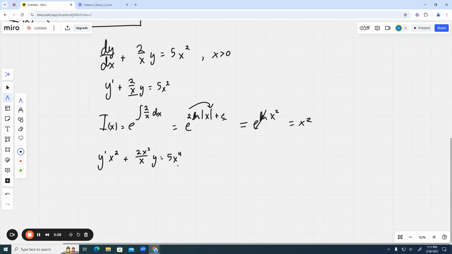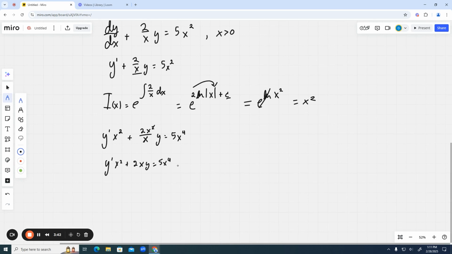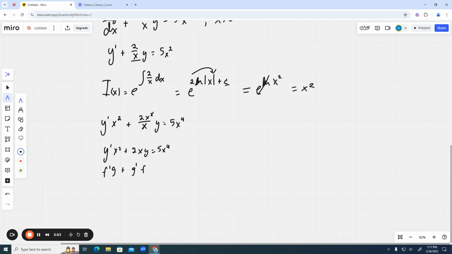Doing a little bit of simplification, we can see that this will cancel, meaning we have y prime x squared plus 2xy equal to 5x to the 4th. And now you can clearly see that this is a product rule. Here's our f prime, here's our g, plus here's our g prime, and here's our f.